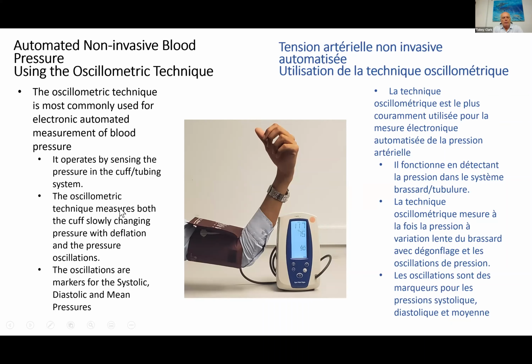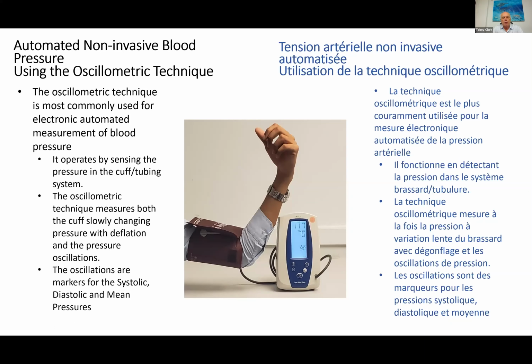The key thing is that you basically have two pressures. You have one pressure, which is the cuff pressure, which is a very slowly changing pressure. And then you have pressure oscillations that occur when the cuff deflates. When it first starts to see those pressure oscillations, that's typically the systolic blood pressure, and the machine automatically senses that.